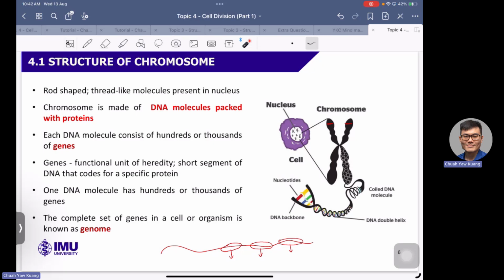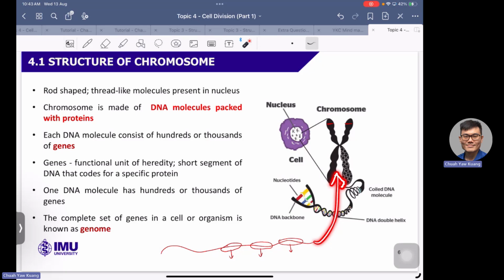Now that means that one strand of DNA is going to coil to become one chromosome like this. So how many chromosomes do we have for human? Any human beings should know, right? 46.